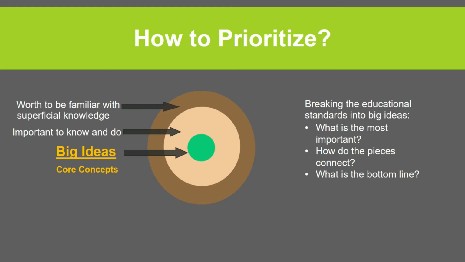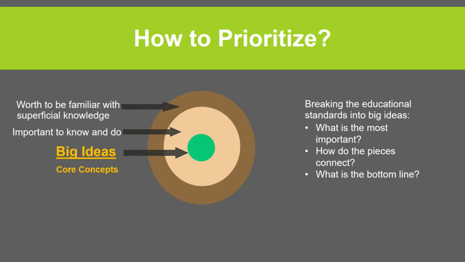And we do this by thinking about really starting with, well, what's the big idea? So the big idea is hard to think about. So a lot of times, what I do is I ask students to think about what's important to know and do. And that center is really a good entrance point into beginning the conversation.